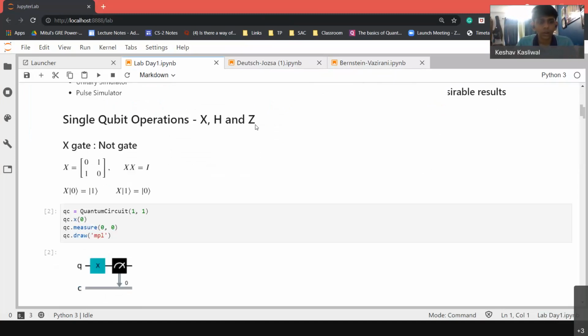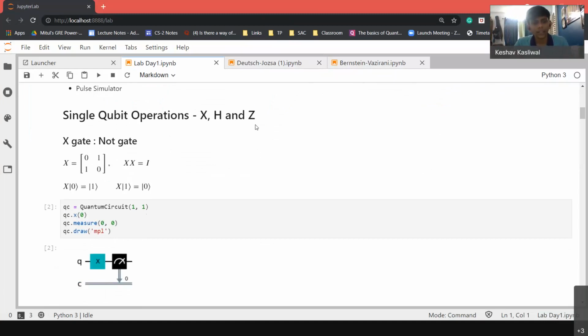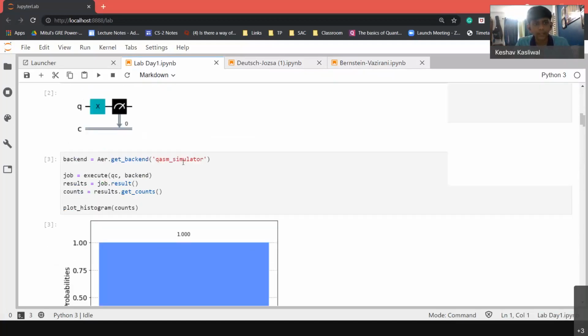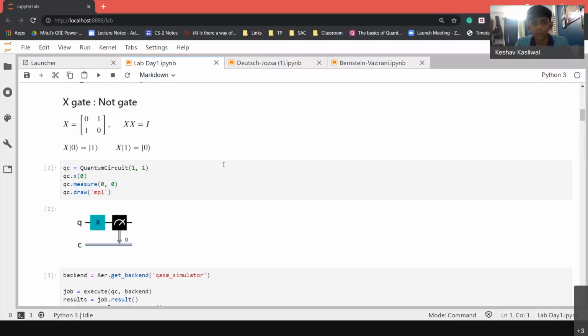Yeah. So coming on to what XGate is, you might have studied in these lectures that what XGate does is simply a NOT gate. If we have the initial state as 0, it flips to 1. So what do we do over here? Let's say we have the XGate, and the main thing that we should know is all the states over here are initialized to 0.